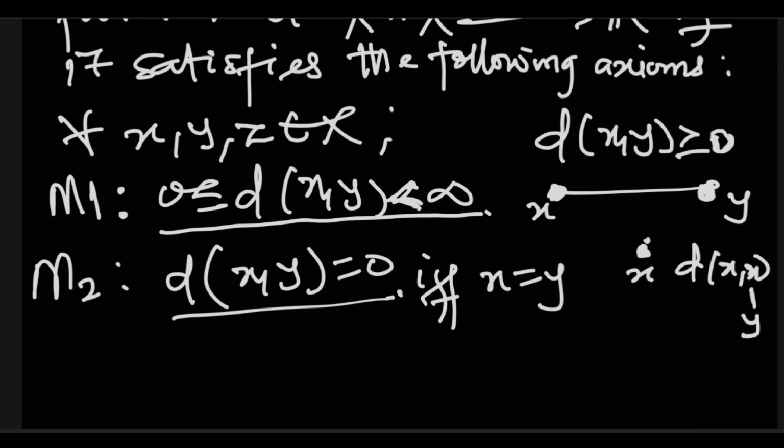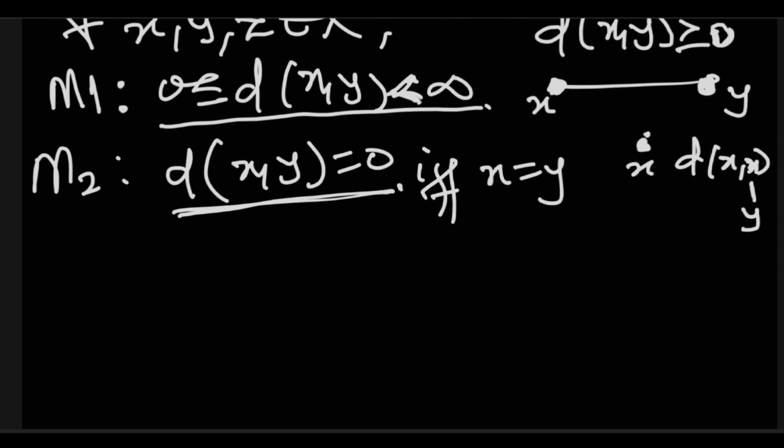So that is the second condition. If you want to prove that D is actually a metric, you have to show this form. If and only if shows two sides: when d(x,y) is equal to 0, then x equals y. Then you show that when x equals y, d(x,y) is equal to 0. We'll do that in one of the series.